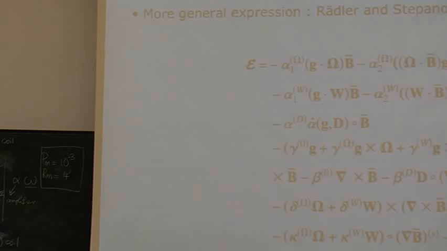Because one knows the fluctuation dynamo has a much larger critical Reynolds number. Whereas once you have helicity, it goes down. Right.